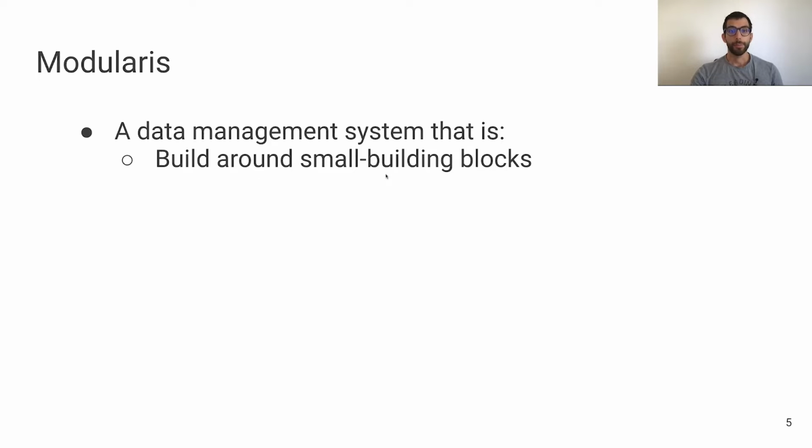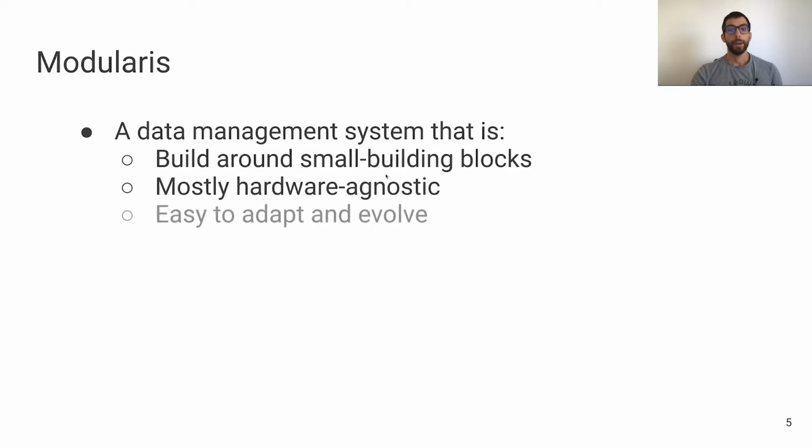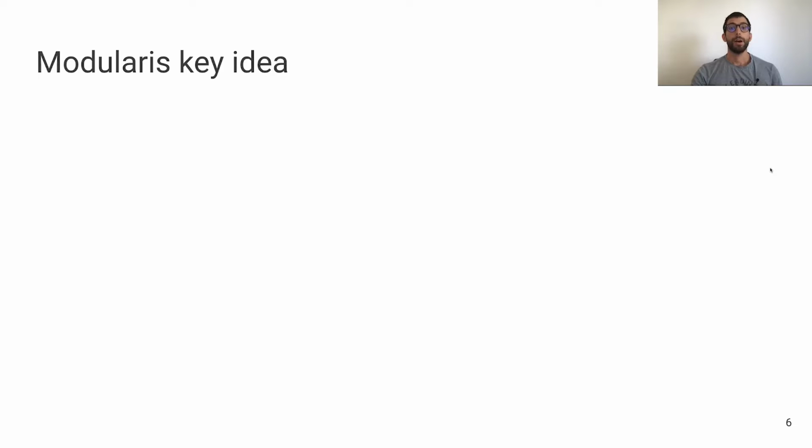The majority of the system is hardware agnostic. Because the system is built around modular building blocks, it's easy to adapt and evolve, and as you will see in our experimental evaluation, it is also highly performant compared to mature systems such as Presto and MemSQL, that is now called SingleStore.